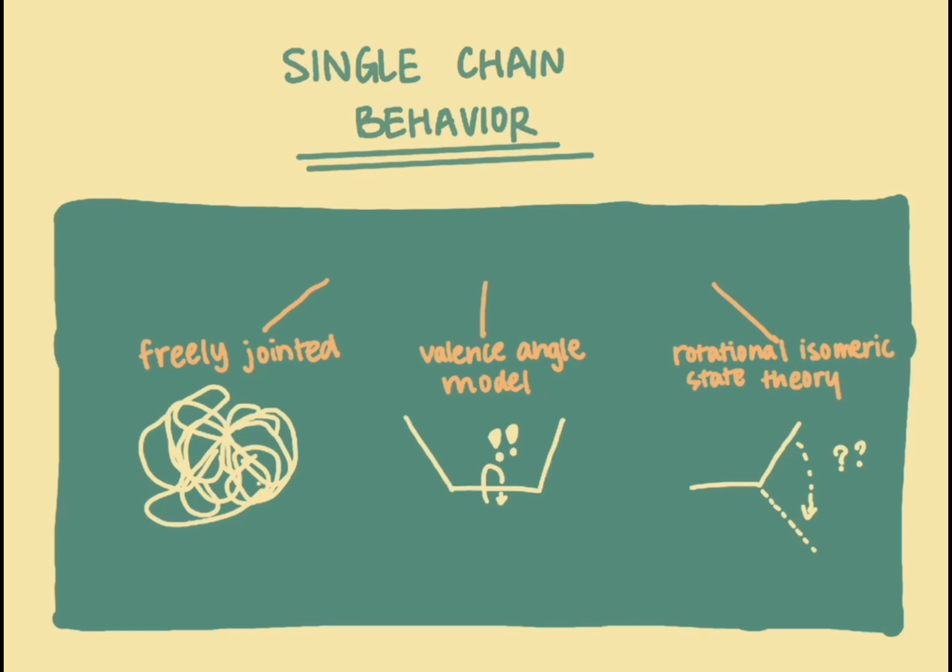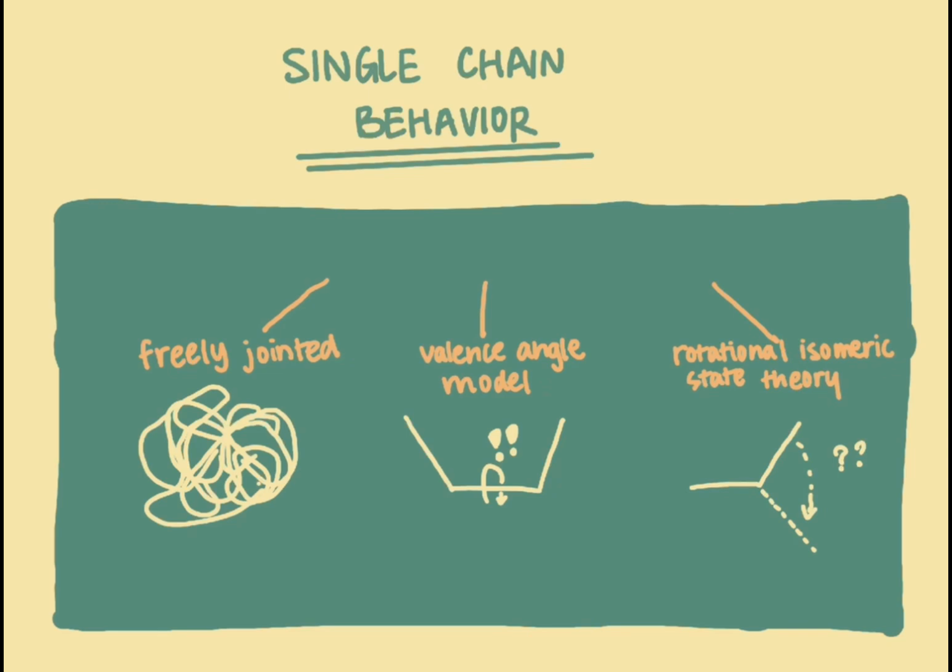Because of the extra constraints that the two models consider, the valence angle model and the isomeric model will give a more precise calculation. Because of the extra constraints, the end-to-end distance calculation accounts for many angle components and will increase the distance by a factor of around 2 to 3 compared to a freely jointed model.